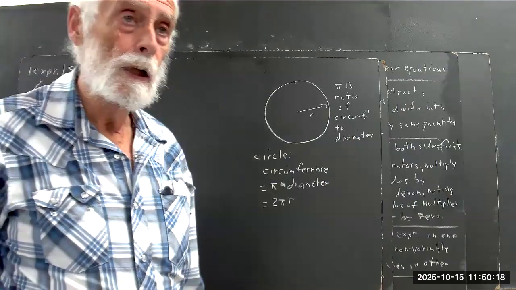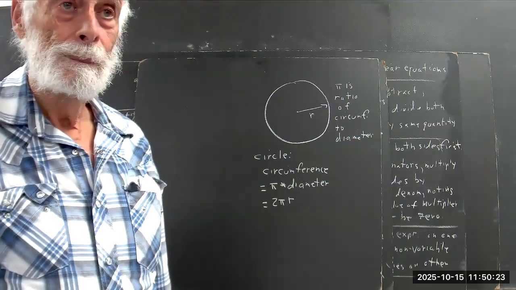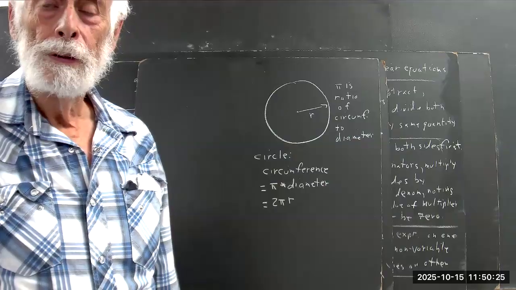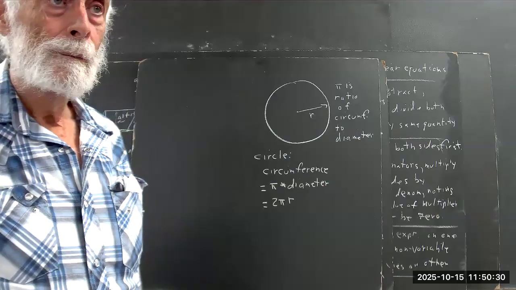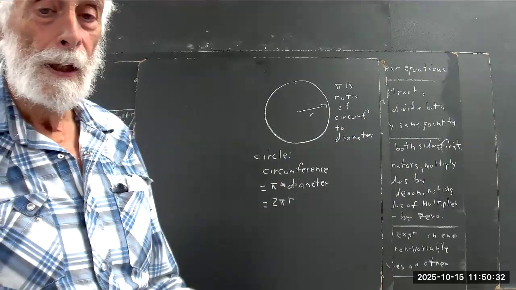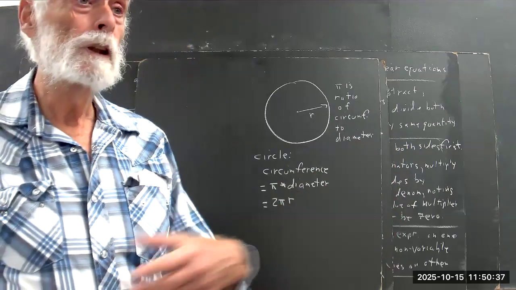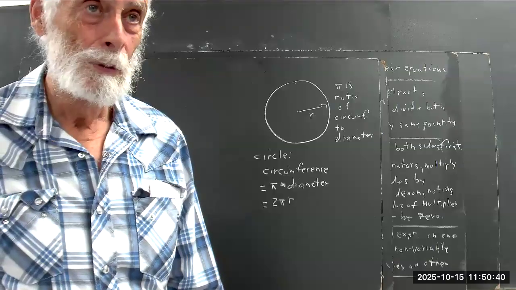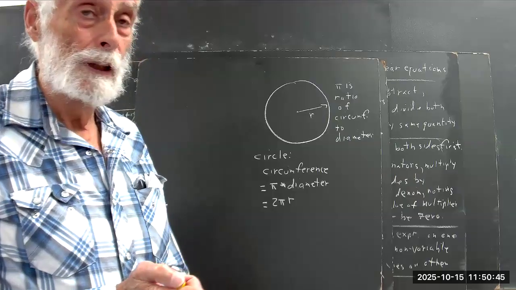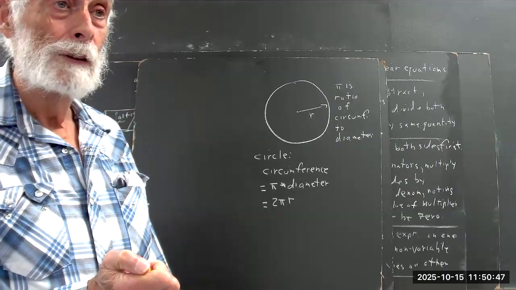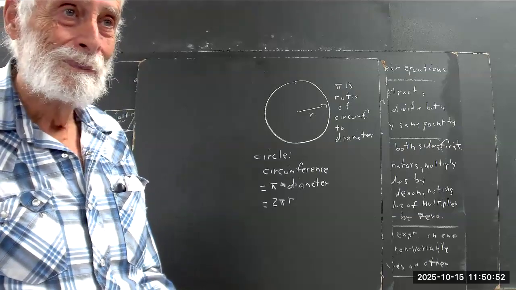Take any circle, no matter how big or how small, measure the distance around it, and measure the distance across it through the middle, in other words, the diameter. And if you divide that circumference by the diameter, you're always going to get pi. Now, if you don't measure completely accurately, you won't get a completely accurate measurement of pi. And there's a calculation scheme that allows us to calculate it to as many decimal places as our computer will handle. And that's a lot of decimal places, trillions.